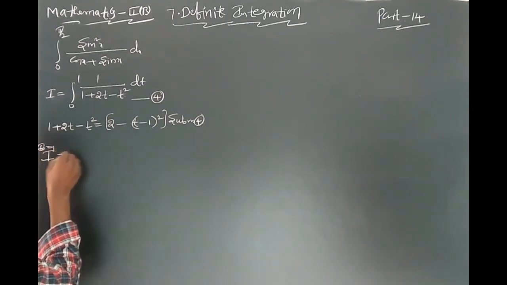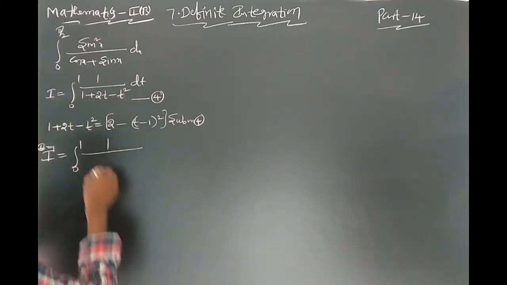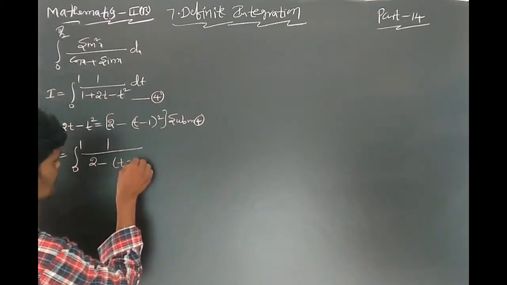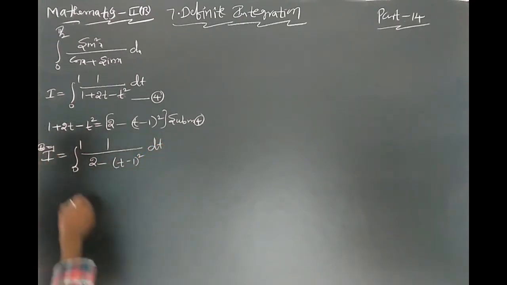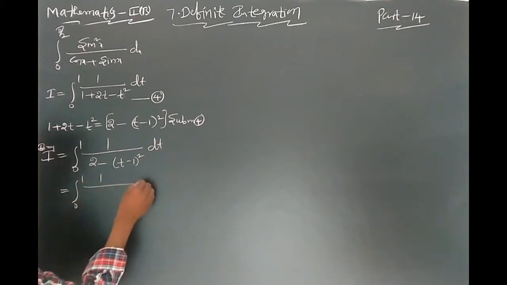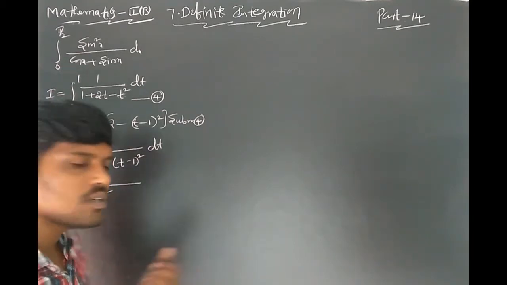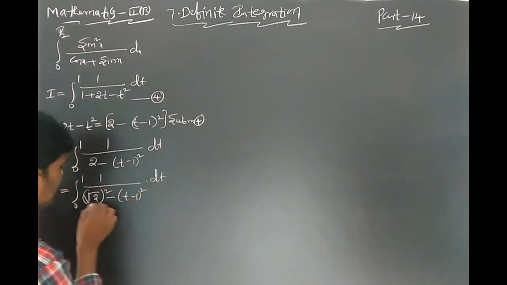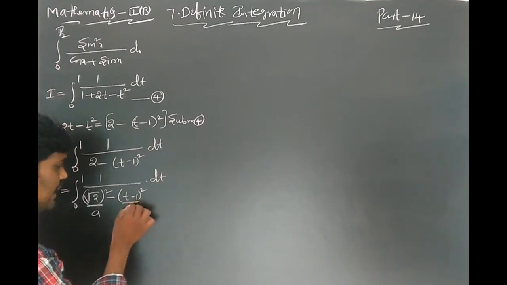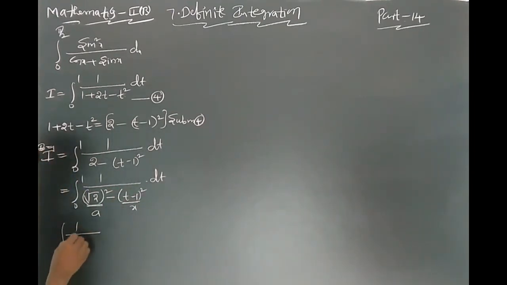You get I is equal to the integral from 0 to 1 of 1 by (2 minus (t minus 1) whole square) into dt. You can write 2 as square root of 2 whole square, so 1 by ((square root of 2) whole square minus (t minus 1) whole square) into dt. Suppose we take this as a and this as x, in the form of the integral of 1 by (a square minus x square) into dx.